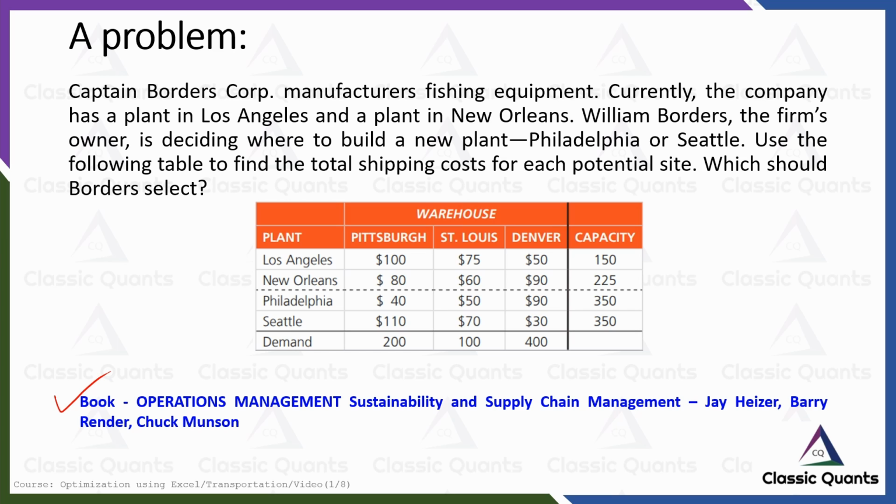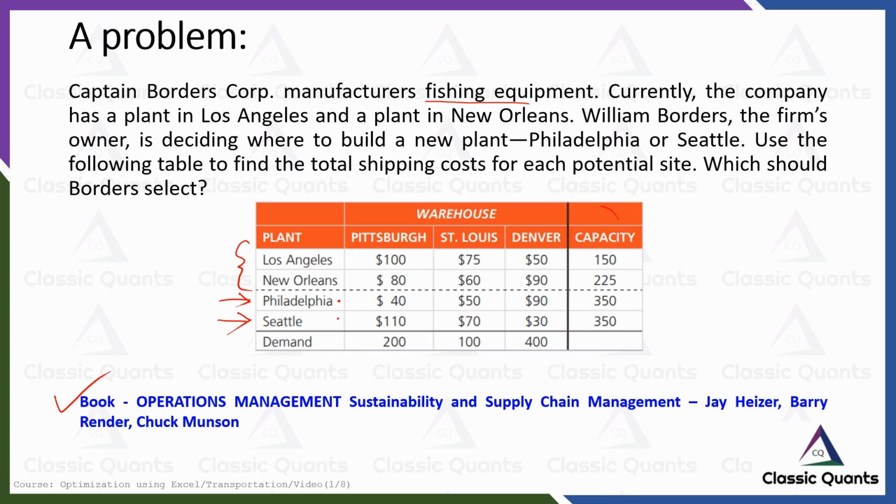There is a company which manufactures fishing equipment and they already have two plants, one in Los Angeles, the other one in New Orleans, and then they are proposing one additional plant either in Philadelphia or in Seattle. So this is an either or situation where an additional plant will be situated in any of these two locations.